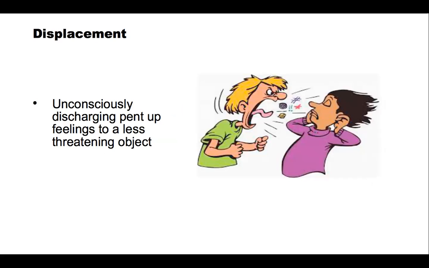For example, a husband comes home after a bad day at work and yells at his wife, or a person who is angry with his boss but cannot show it to his boss, then shows it to his wife. This is an example of displacement.